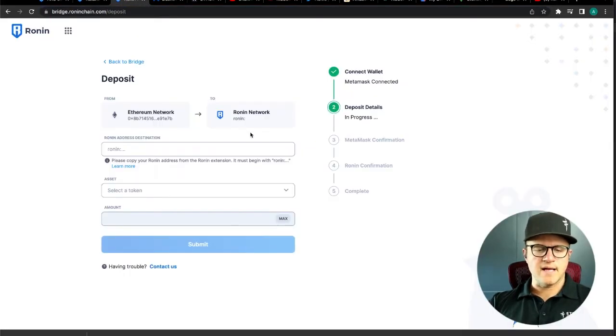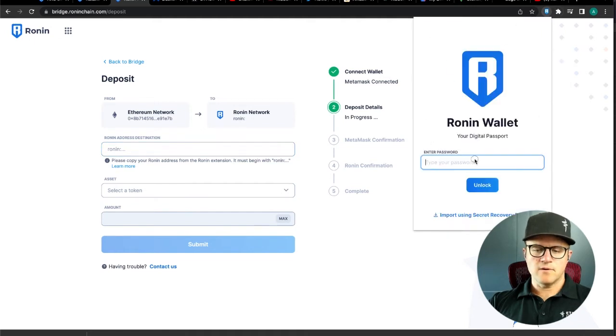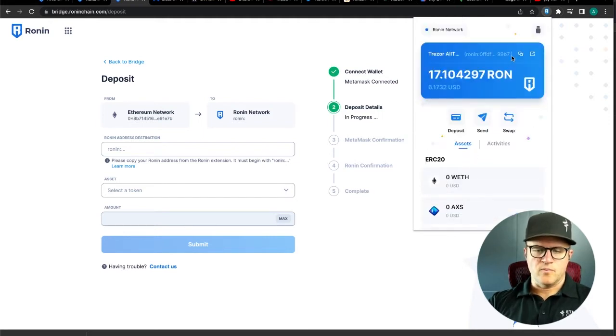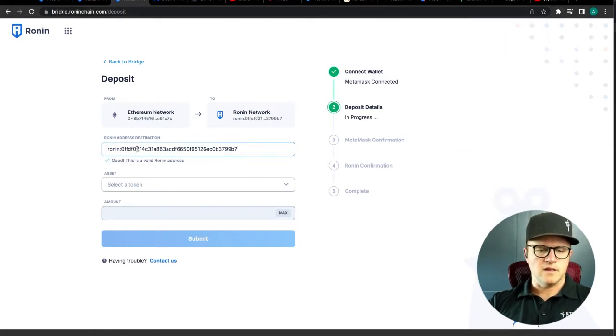And then if you hit deposit, you can connect your Ronin wallet. You want to make sure your Ethereum wallet, your MetaMask, or whatever you're using is connecting to your Ronin wallet. So you go up here, let's choose my Ronin wallet. We'll log in real quick here. Make sure I type this correctly. And then you'll pull your address by copying the address up here, and you'll put in that address.